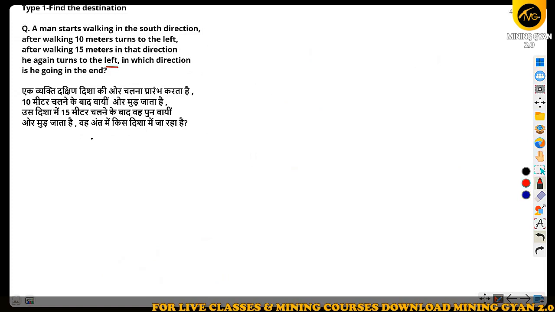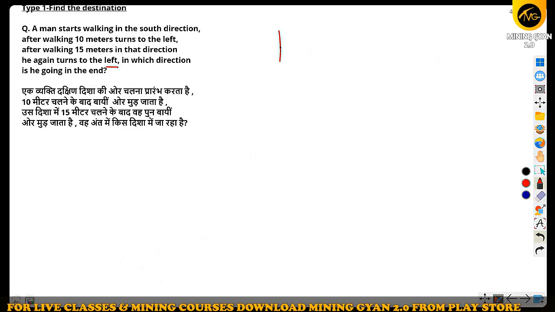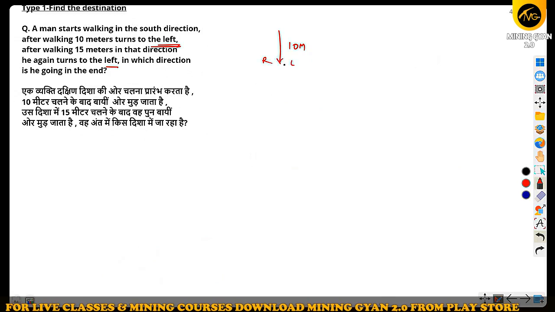Okay, so suppose he starts walking in the south direction. That means this is the south direction, so he starts in the south direction, and after walking 10 meters, suppose this is 10 meters, he turns left. So this is right and this is left for him, so he turns left.